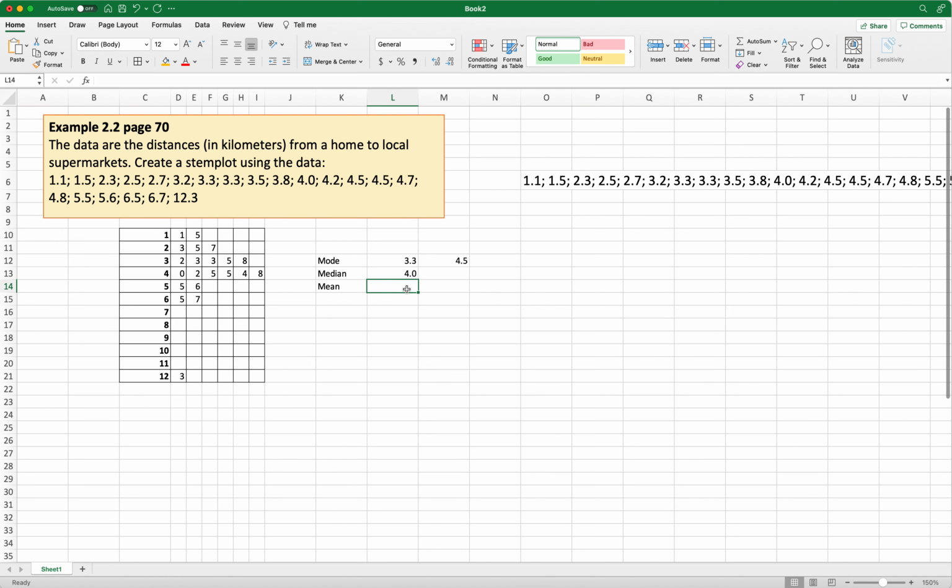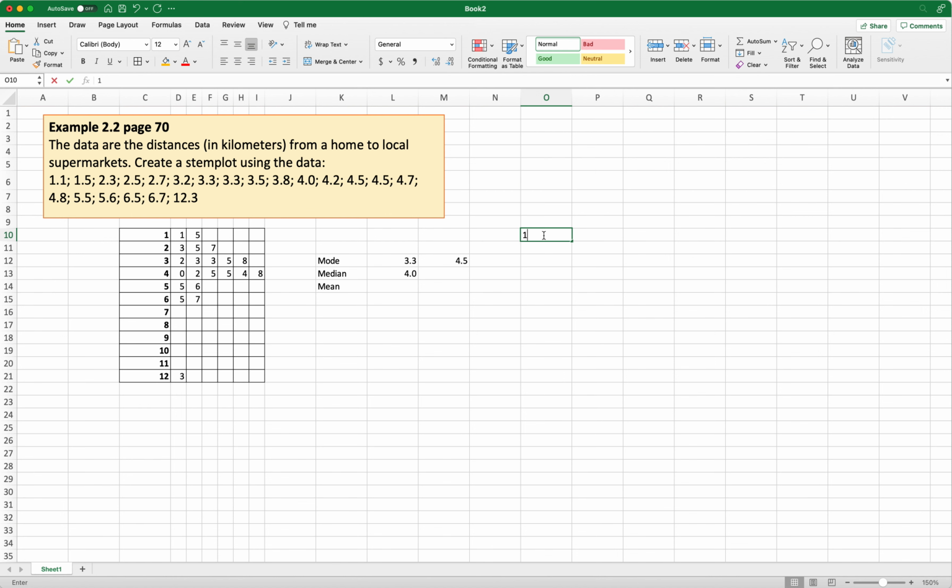And now the mean. That's the harder part. I can add all these numbers up. So how would I do that when I've stem and leafed the whole thing? If you're going to do it with a calculator, you could just read the numbers and add them in. That would be one way of doing it. I'm doing it on Excel, so I'm a little lazy. I might actually just list the numbers over here.